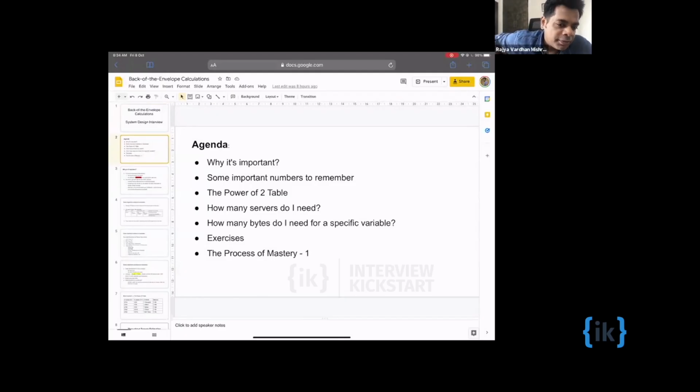We will see examples of how many servers I need for computations or for storage. These are the most frequent calculations that we have to do during the interviews. How many bytes do I need for a specific variable? Then we will do some hands-on exercises, and then we will see the process of mastery, how we can master this skill.